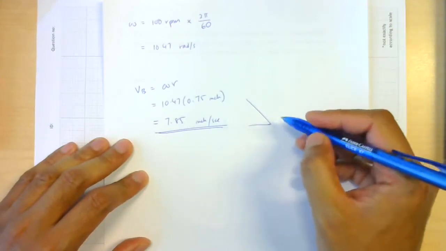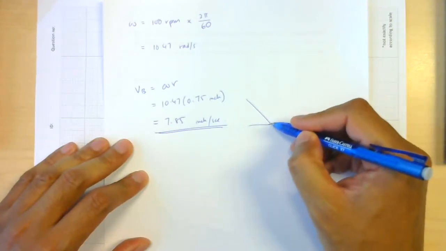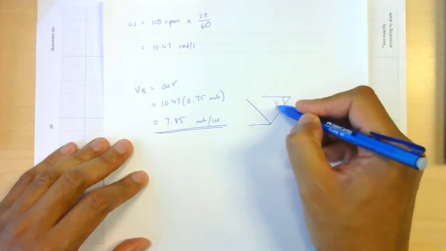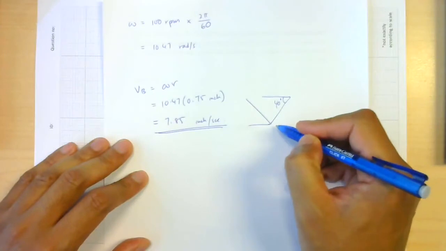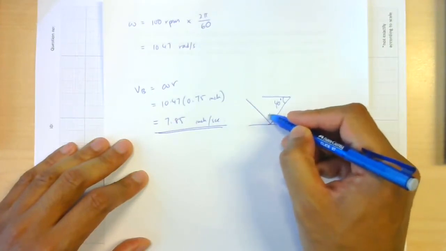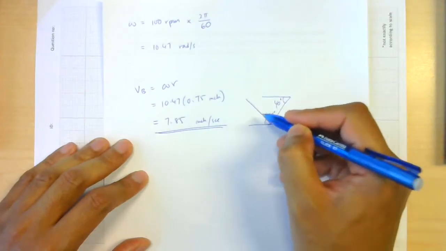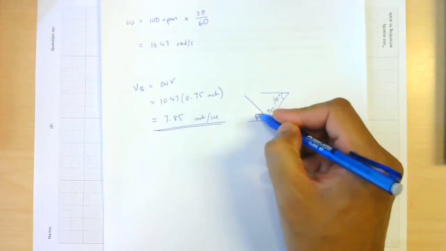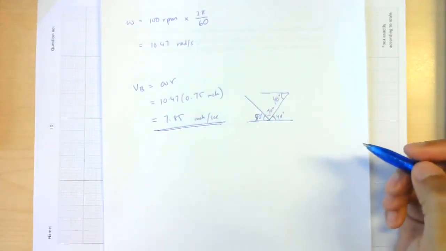So this is the velocity of VB, and this VB will be acting at some angle. In this case, we have to solve it. Okay, it will be in this form. This is 40 degrees, this is 90 degrees, so this is 50 degrees.